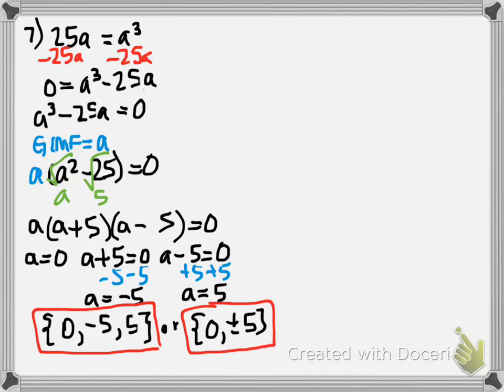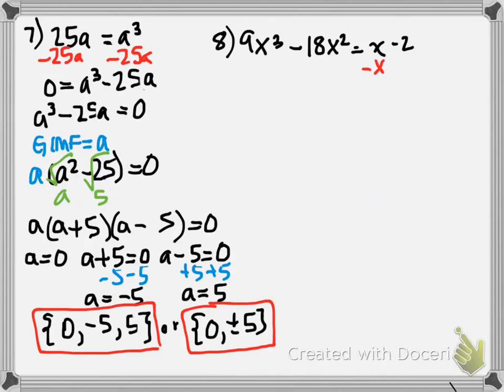Okay, and then we have one more. Last one, number 8. We have 9x cubed minus 18x squared equals x minus 2. So job 1, get everything on one side, 0 on the other.